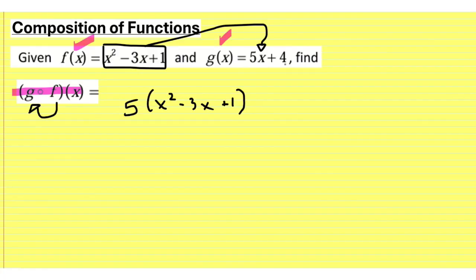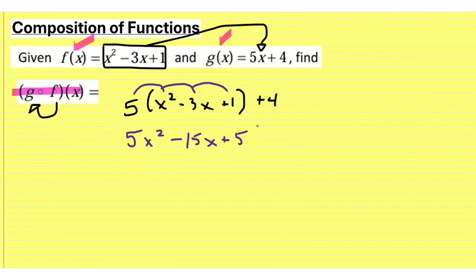And then I have a plus 4 on the end, so plus 4. Okay, so I am going to distribute the 5 into the parentheses in order to eliminate the parentheses. So I end up with 5x squared. 5 times negative 3x is going to be negative 15x. And 5 times a 1 is plus 5. And then I still have plus 4 on the end.